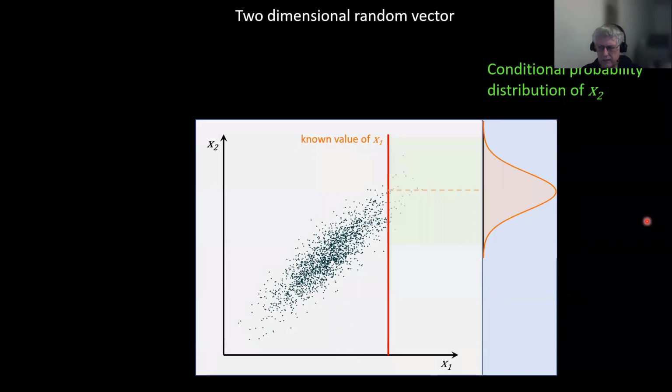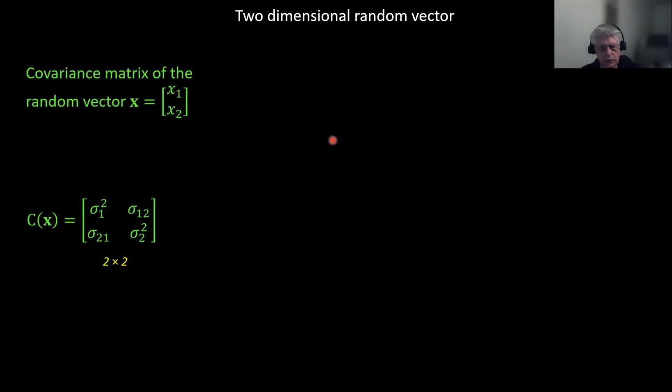Now, in my statistical description of this random vector, x1, x2, I've got to incorporate the fact that conditioning can occur. The fact that knowing something about one tells me about the other. To do that, I use this thing called a covariance matrix.